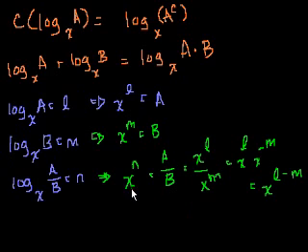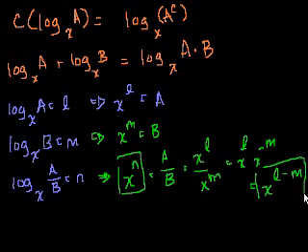So we know that x to the n is equal to x to the L minus m. Those equal each other. So we know that n is equal to L minus m.